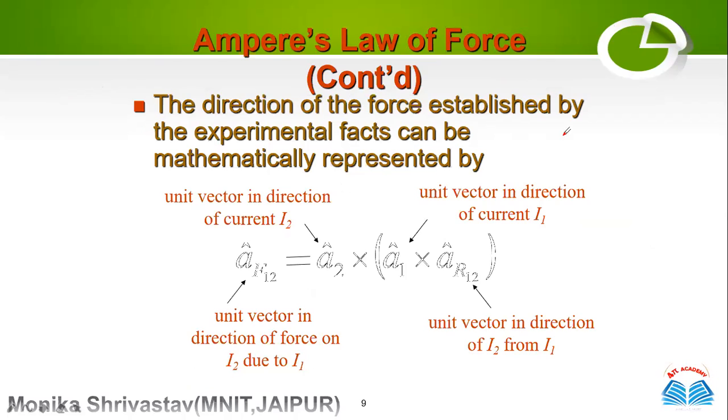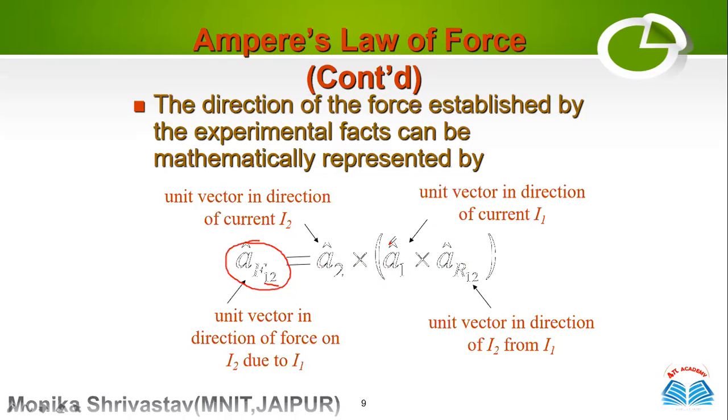The direction of force established by the experimental facts can be mathematically represented by, say, a force F12 having the direction A cap. What is this A cap F12? This is the unit vector in the direction of force on I2 due to I1. F12 means the force on I2 due to I1. It will always be equal to A2 cap, the vector direction of current I2, cross A1 cap cross A R12.